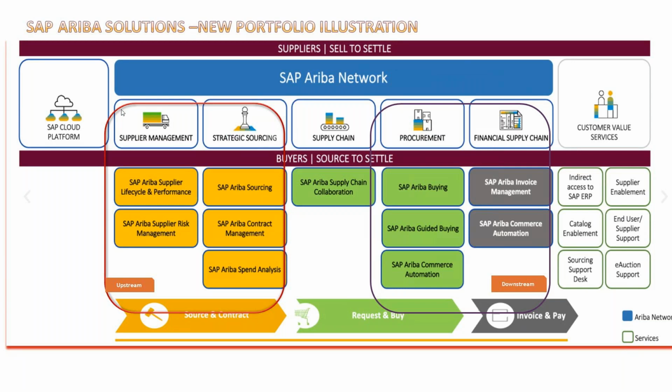I'll create a user for you and give you the authorization for all the modules. But if I don't assign the sourcing role to that user, then that user cannot access the sourcing activities. He can work only in the SLP part.